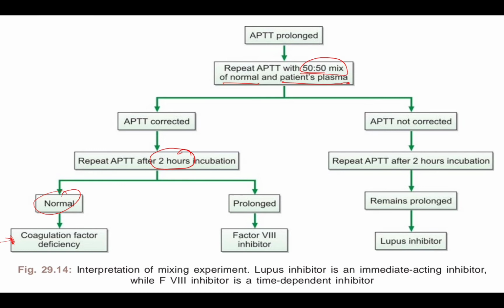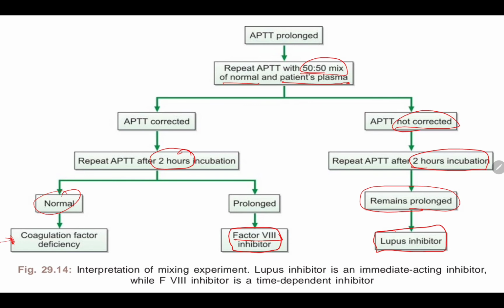But if after 2 hours APTT is again raised, then it means a factor 8 inhibitor is there in the patient. But if after the mixing study the APTT is not corrected, then we have to repeat the APTT after 2 hours of incubation again. And if it remains prolonged after 2 hours also, then it is due to the lupus inhibitor.